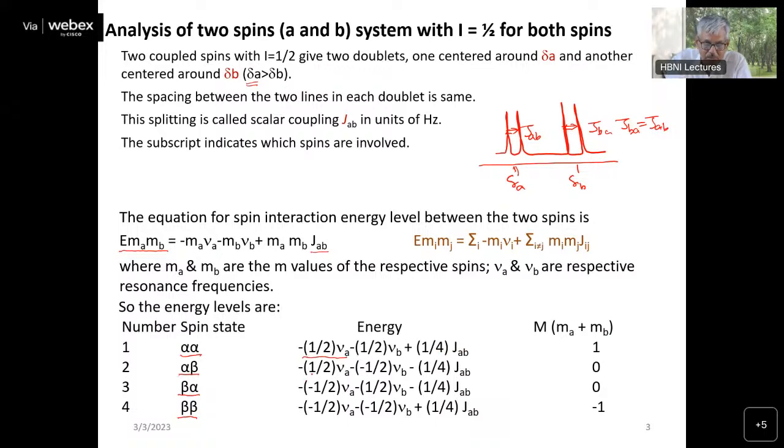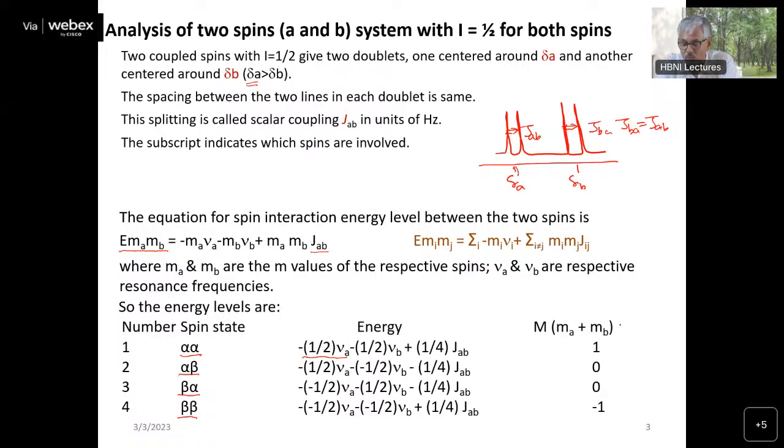Similarly, in one case the first spin is alpha, so the energy is minus half nu A, and the second is now beta, so beta is minus half, so this is minus half nu B. And then because one spin is plus half and another is minus half, it is minus 1/4 J AB. So you can find out what the energy of all these 4 states will be.